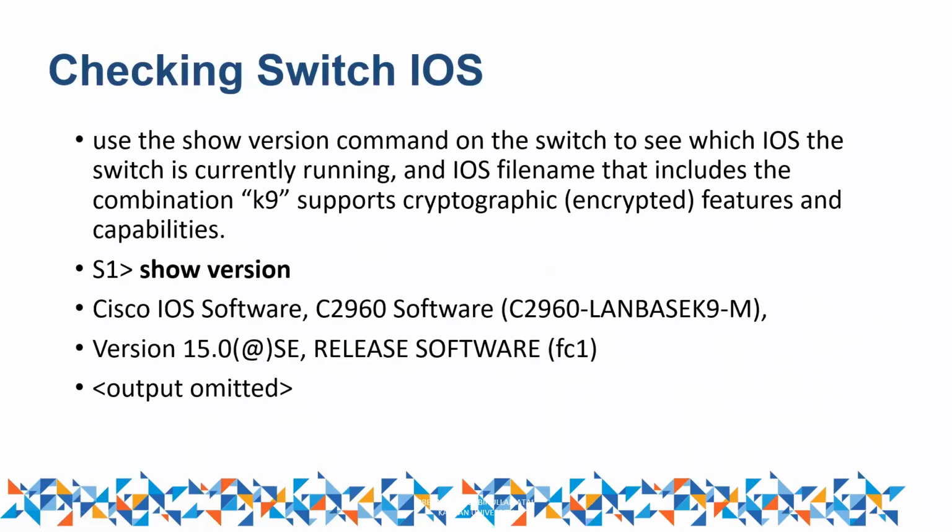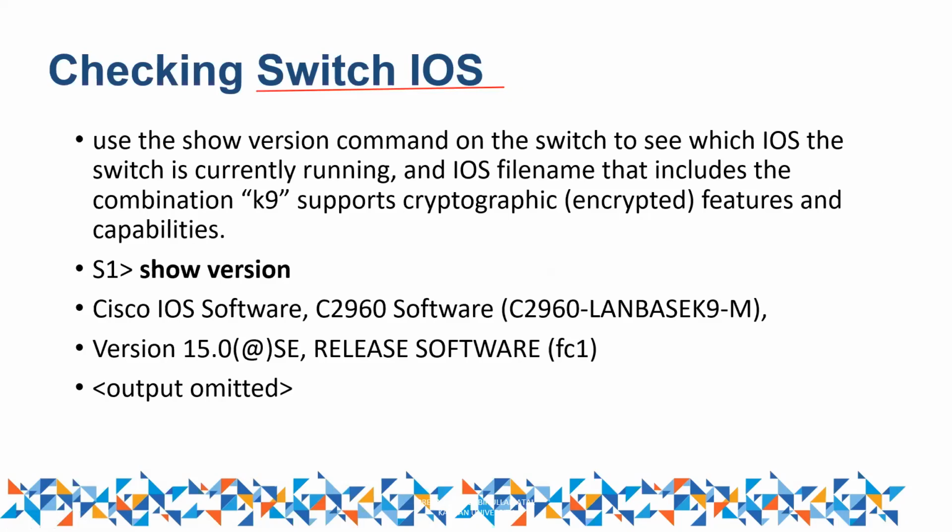Remember, dear students, that not all these iOS versions will support SSH, okay? Whenever you want to configure SSH, you have to make sure that your iOS, meaning the switch internetworking operating system, will support this or not.